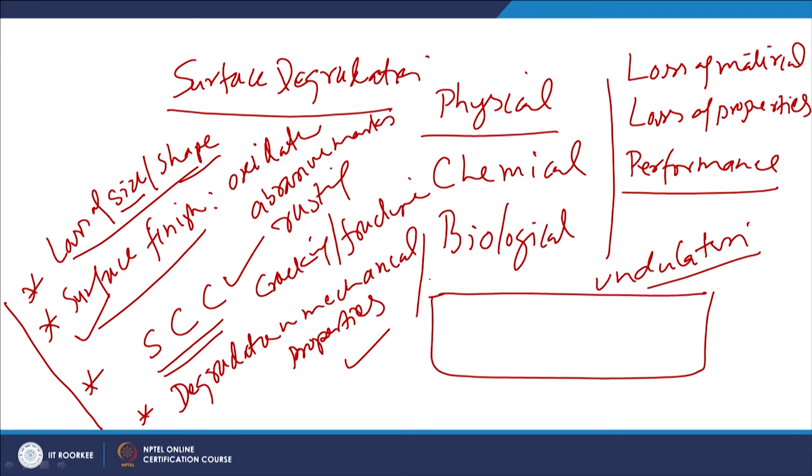For proper functioning of any component, what we need is a certain combination of mechanical, dimensional, physical, and chemical properties, so that it is able to retain its performance and the services expected from it.